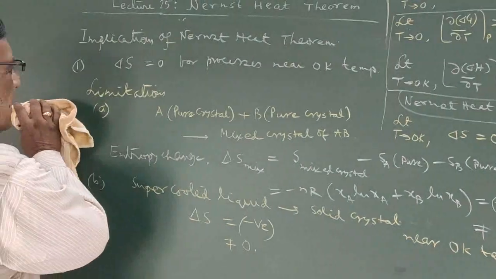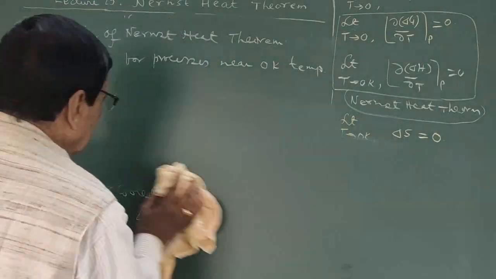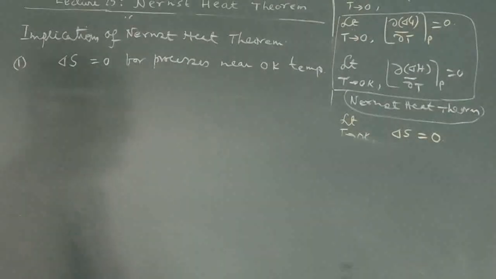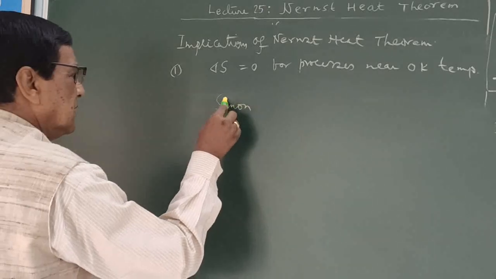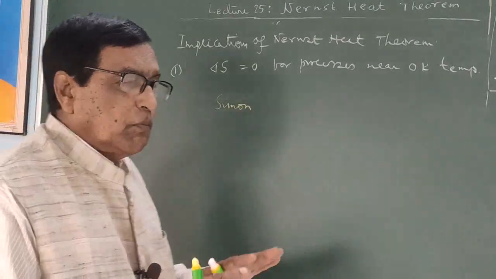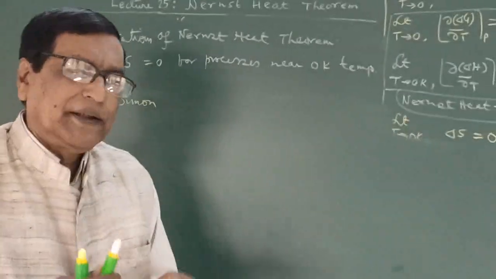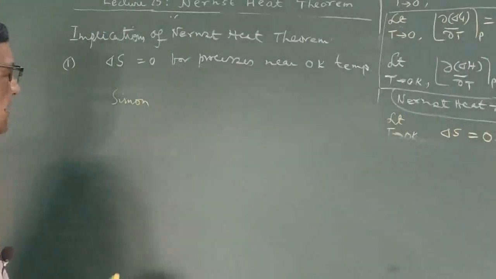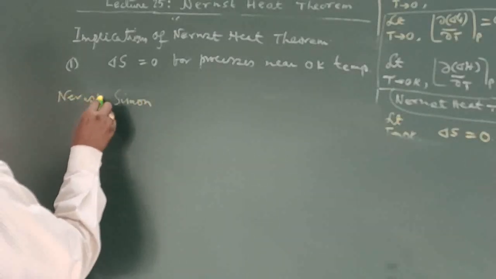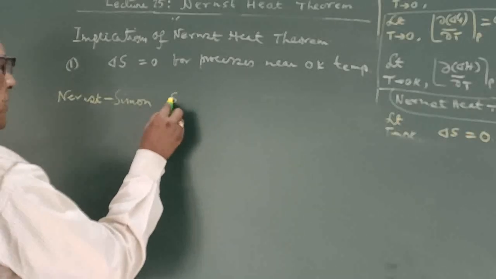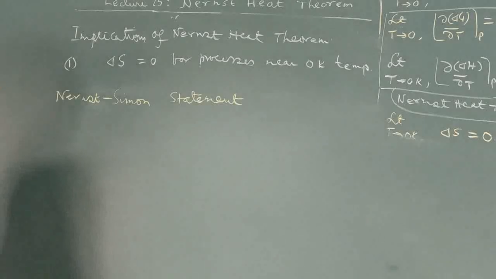So in order to remove these limitations, Simon modified the statement of the Nernst heat theorem, and this is called the Nernst-Simon statement.